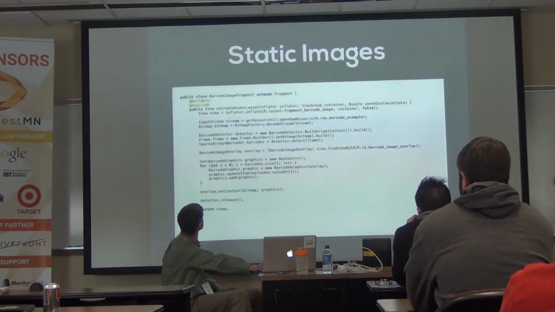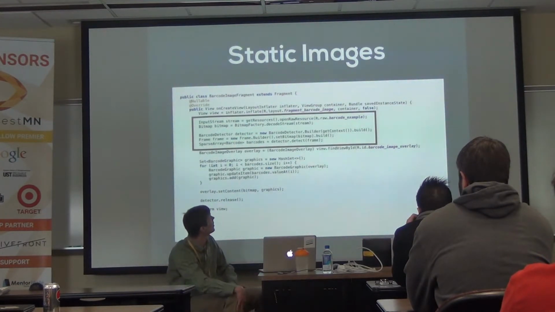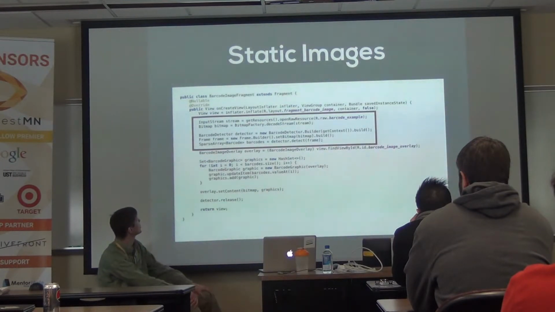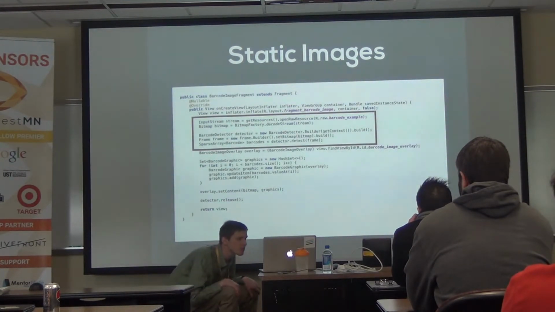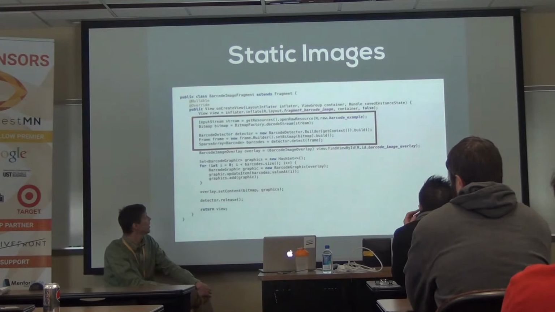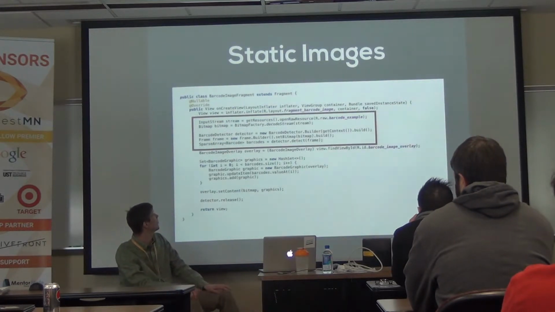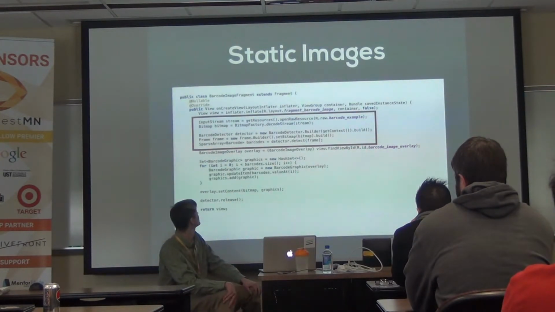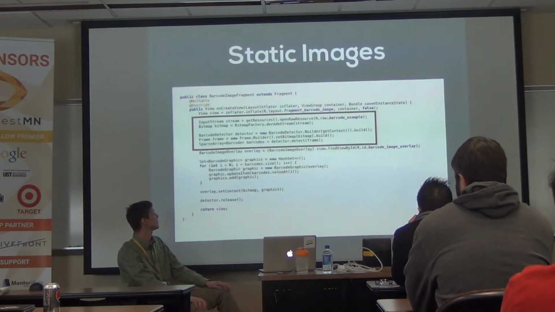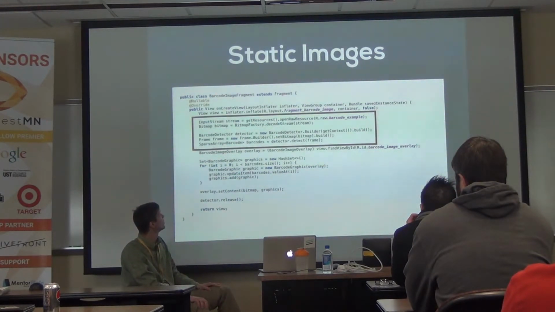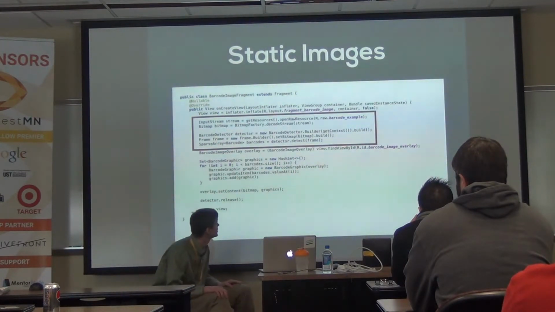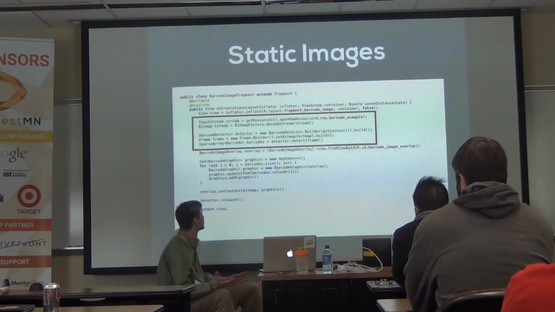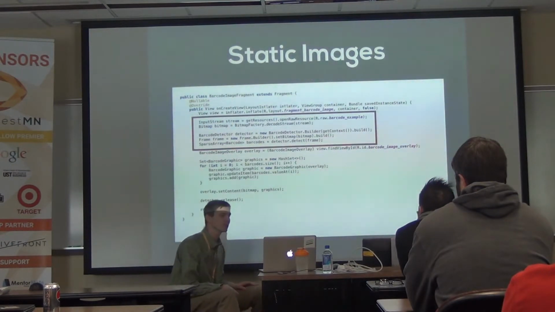In this chunk, we're grabbing a bitmap, the barcode example, from raw resources, and converting that to a bitmap. We build the barcode detector in the exact same way, but this time we create something called a frame, and we set the bitmap that we generated there. Then the detector has a method just called detect, and we send it the frame. From that, we get an array of barcodes back.